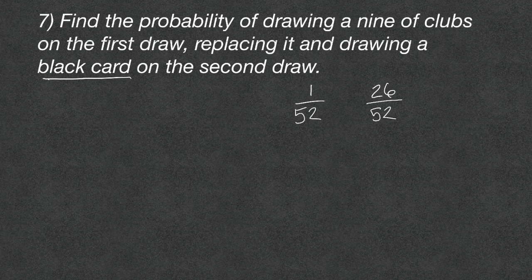Because it does say replacing it and drawing a black card on the second draw. Since these events are independent, the probability of both events happening in this sequence is the product of individual probability, and we can go ahead and multiply these 2 probabilities together.